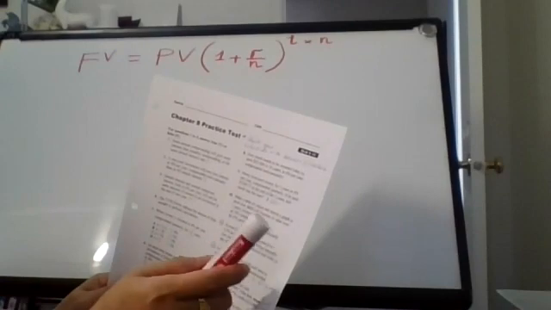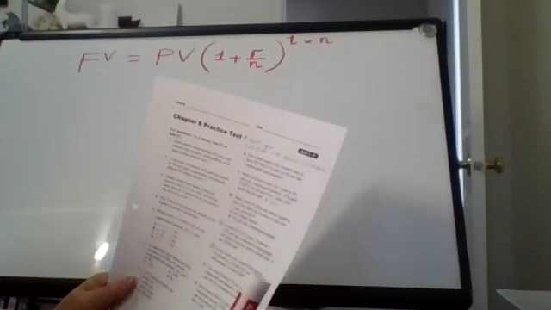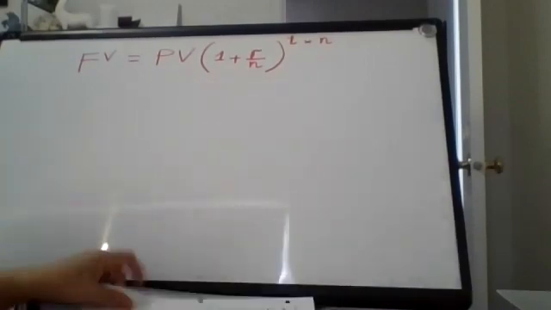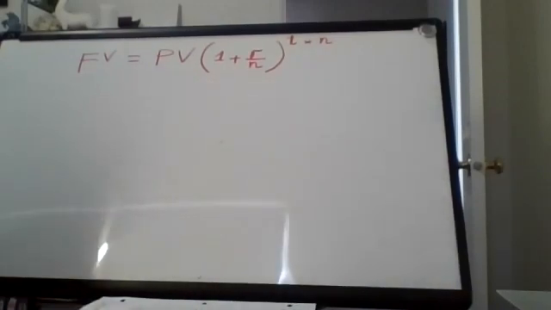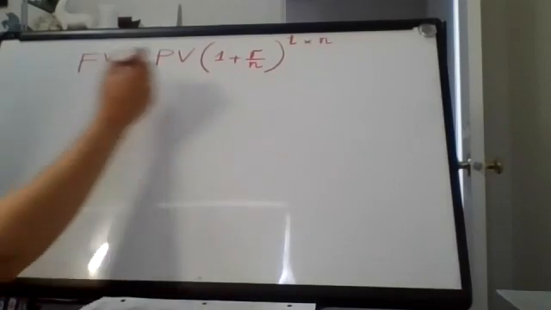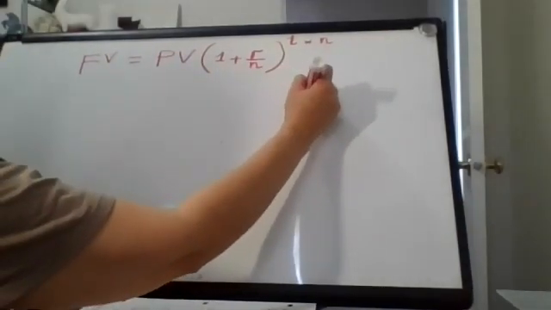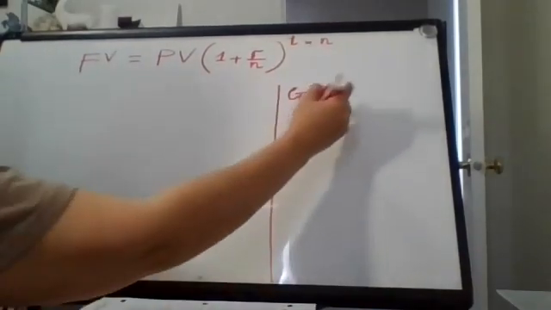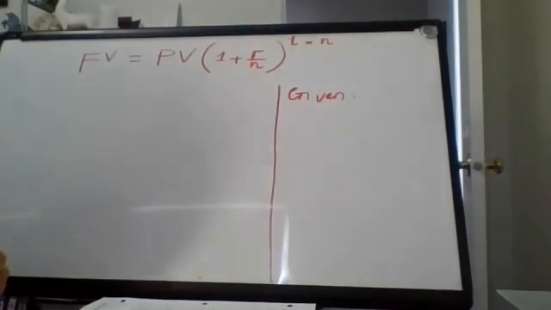Joe owes $3,175 in 4 years. At this time, I will write down whatever information is given to me, right? So I'm going to say given, and I'm going to put it on the side. So this is given.